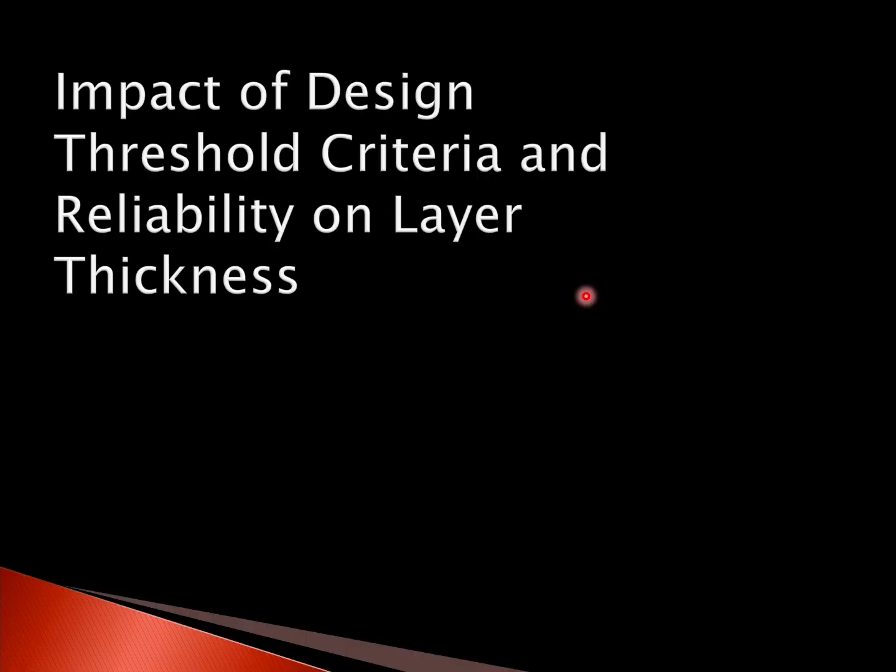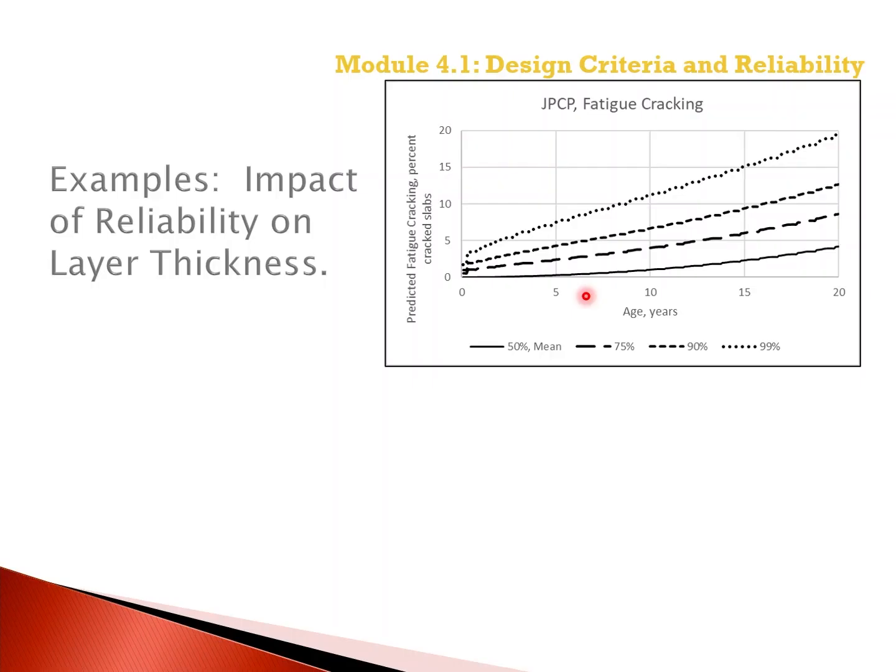So what is the impact now of the threshold criteria or threshold values and reliability on layer thickness? We're going to show now a series of charts for different pavement types and for different distress types.